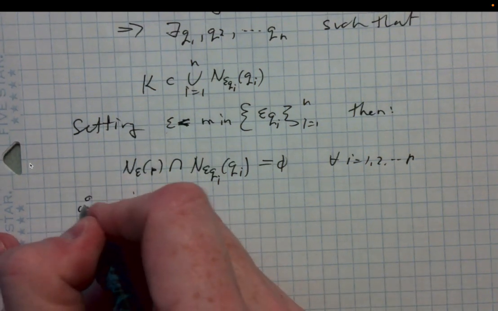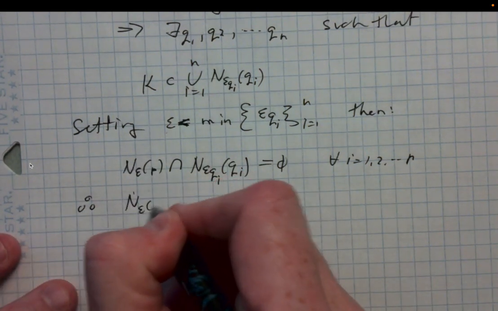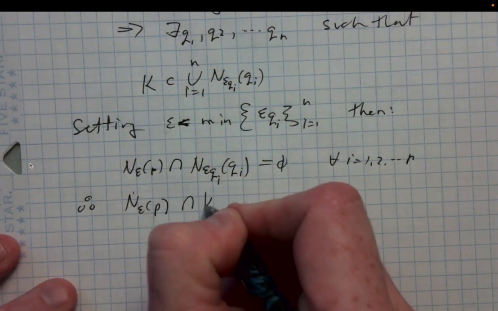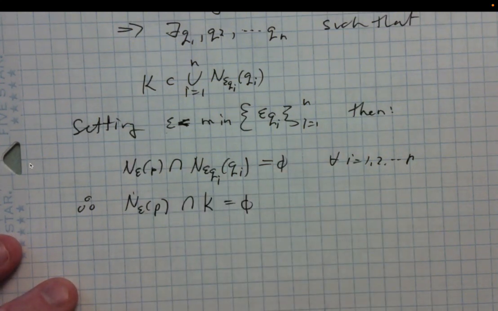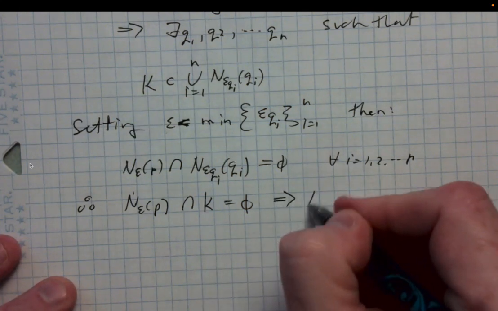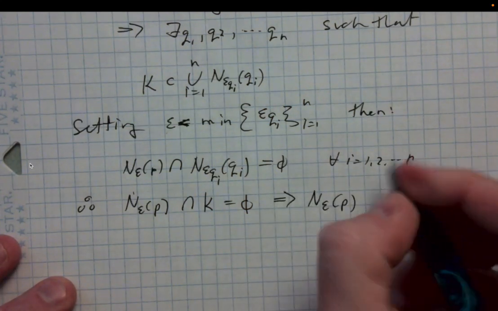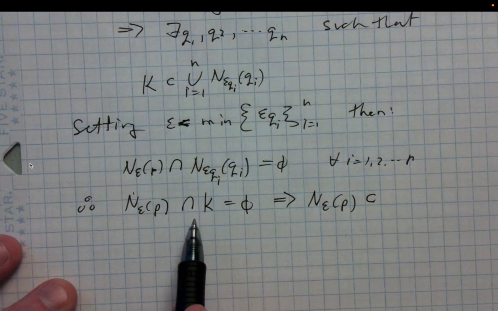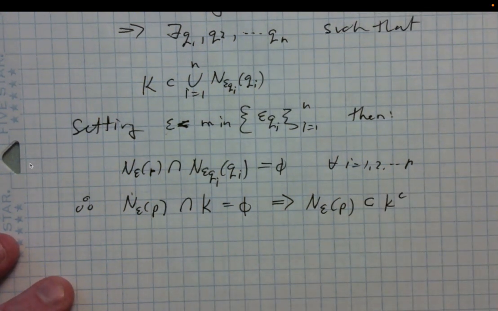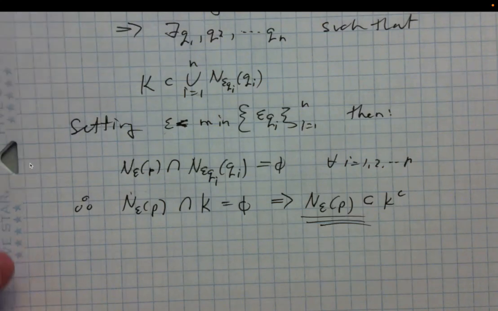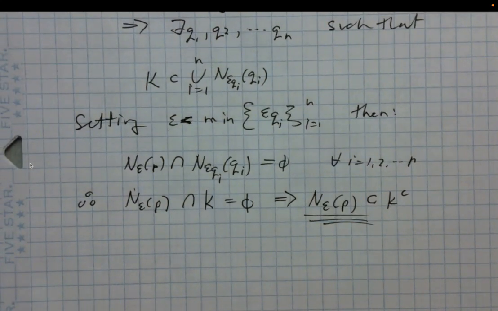And so therefore, the epsilon neighborhood of P intersect K is empty, which implies that the epsilon neighborhood of P is a subset, not of K, but of K complement. This is what we need to show that P is an interior point.